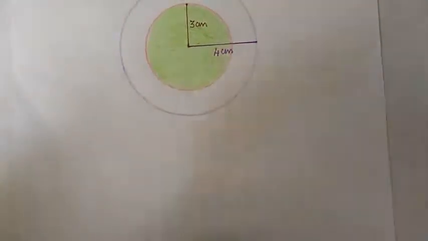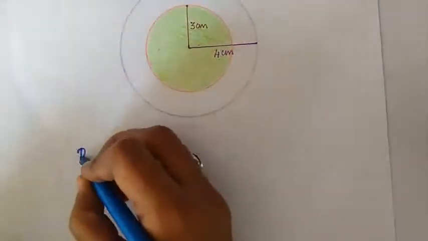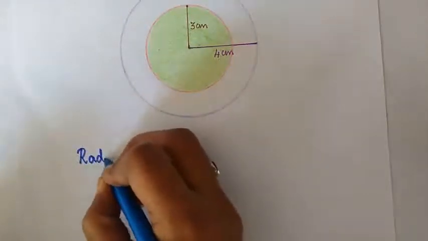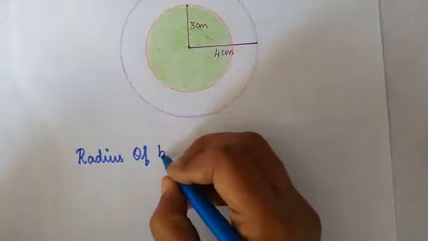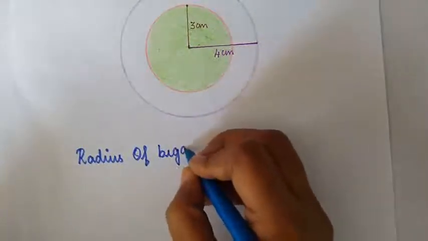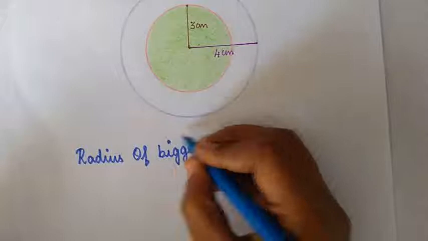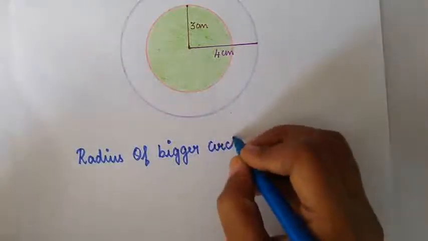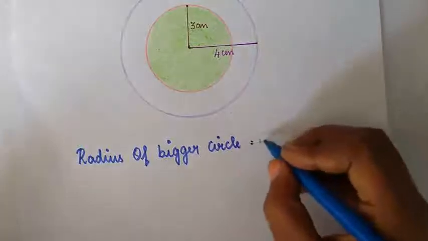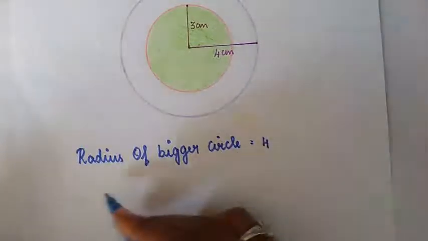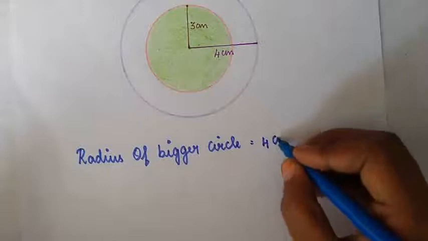First we have to write the given portion. Radius of bigger circle is 4 cm. It is nothing but the outer radius of the circular sheet, which is 4 cm.